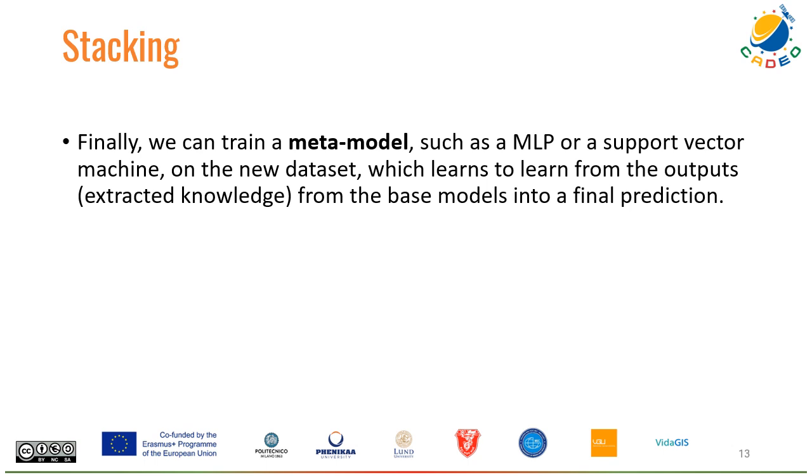In the final step of the stacking ensemble technique, we can train a meta model such as a multi-layer perceptron or a support vector machine on the new dataset generated from the outputs of the base models. This meta model learns to combine and leverage the extracted knowledge from the base models to make a final prediction.